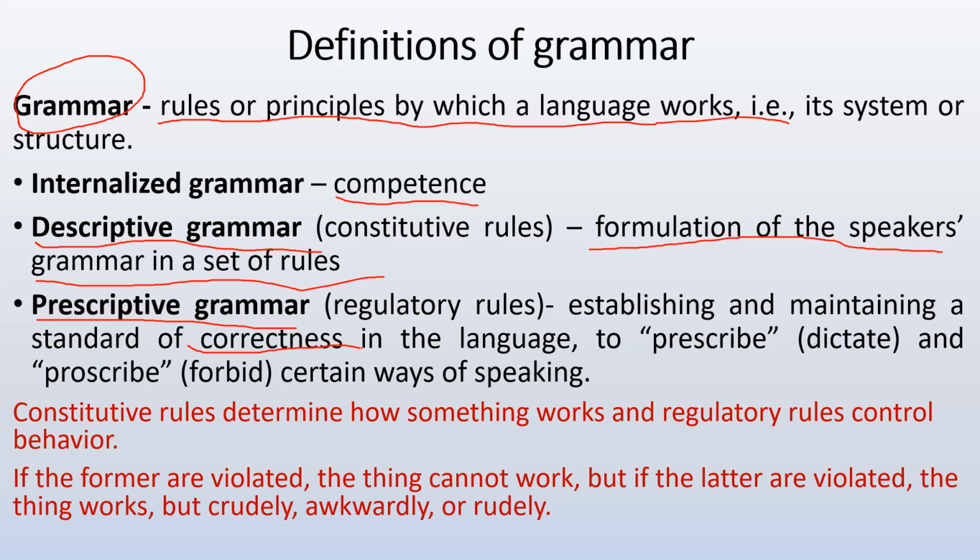Descriptive grammar doesn't say you should do this or you should not do that. Nothing like that. It simply gives you a set of rules. That's the difference between descriptive grammar and prescriptive grammar.